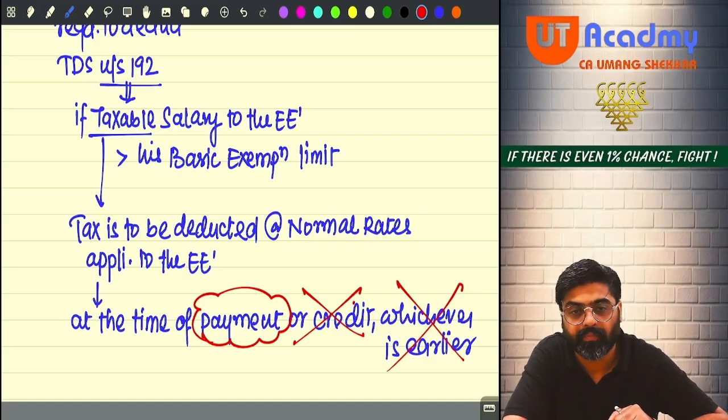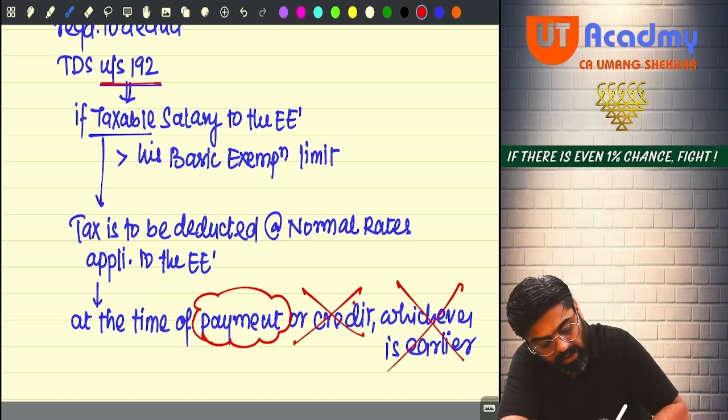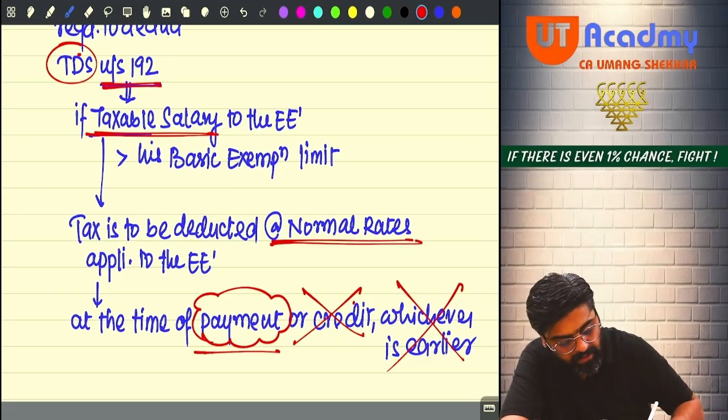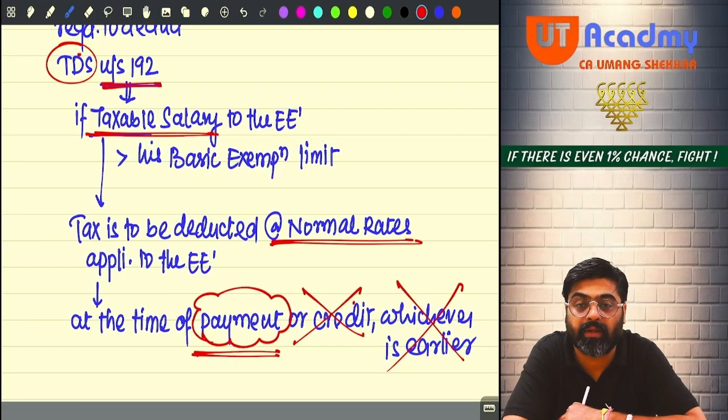But for a few payments there is an exception, and salary is one of those exceptions, where it is said that under section 192, whatever TDS is to be deducted on the taxable salary of the employee at normal rates applicable to the employee will always be deducted at the time of payment of that salary. Did you understand this much?